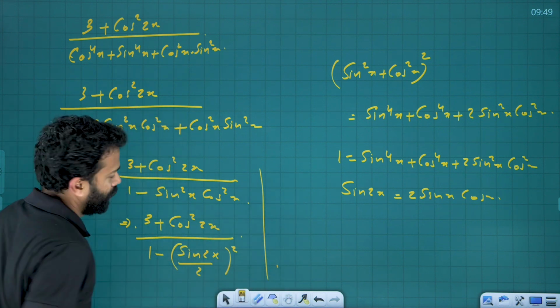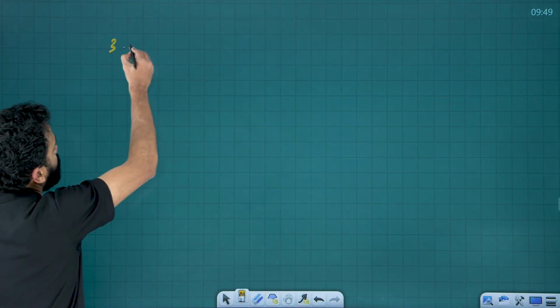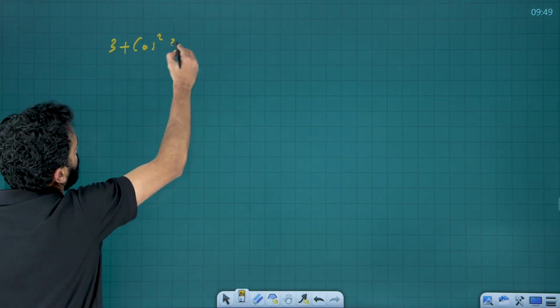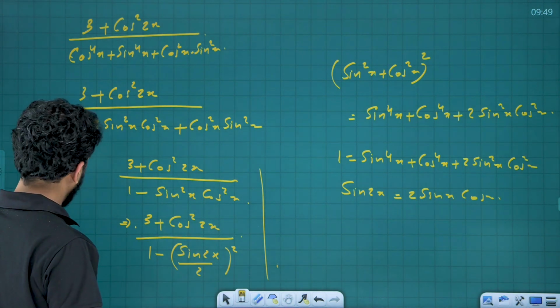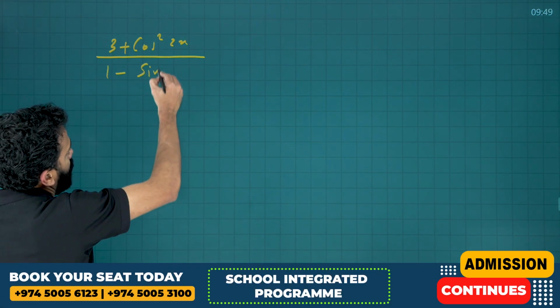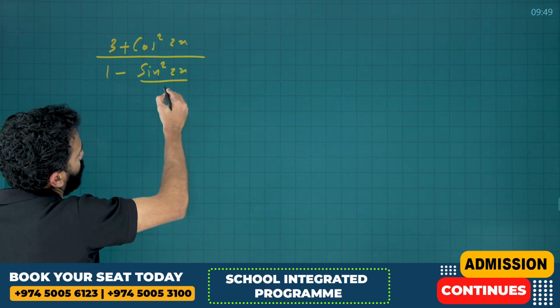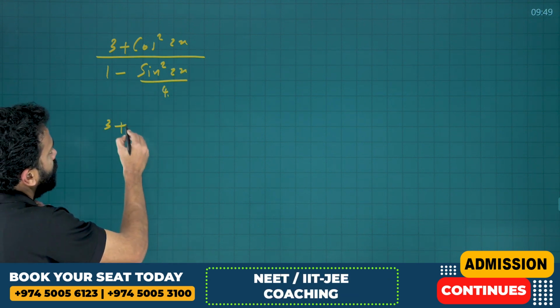We need to move to the next slide. Therefore, it becomes 3 plus cos²2x divided by 1 minus sin²2x by 4. Okay, and just cross multiply the denominator.